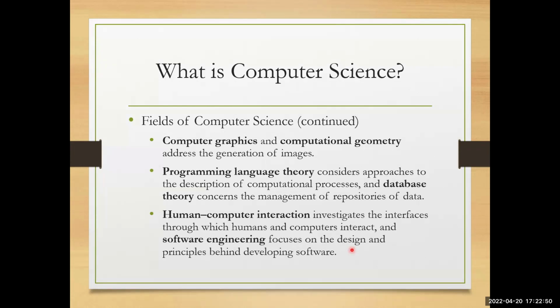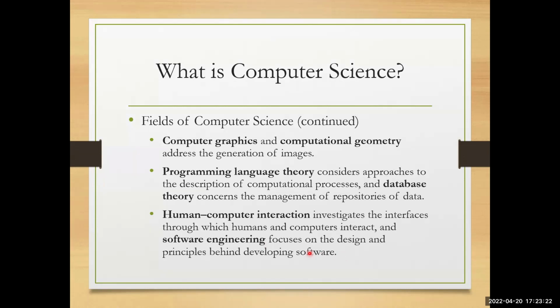And then programming language theory considers approaches to the description of computational processes, and database theory concerns the management of repositories of data. And then the human-computer interaction field investigates the interfaces through which humans and computers can interact. And then software engineering focuses on the design and principles behind developing software.